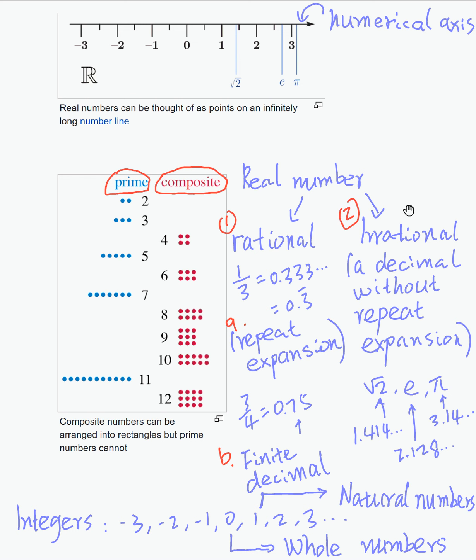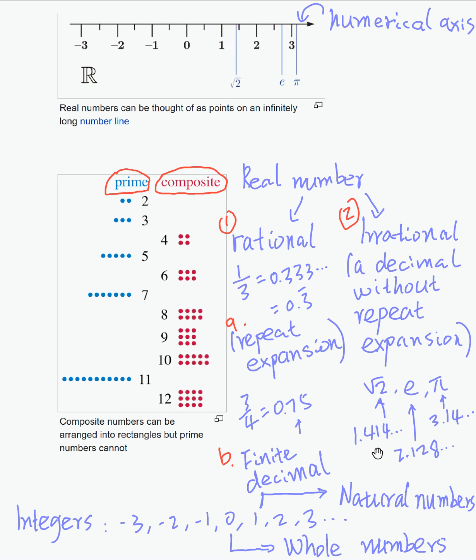There are other numbers on the real number line, and you can see here, every calculator has an e, that's Euler's constant, and has pi, which is 3.14. Here is 3, so pi is around here. e is approximately 2.718, that's around here.